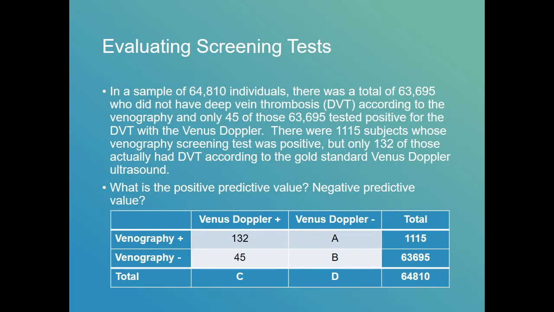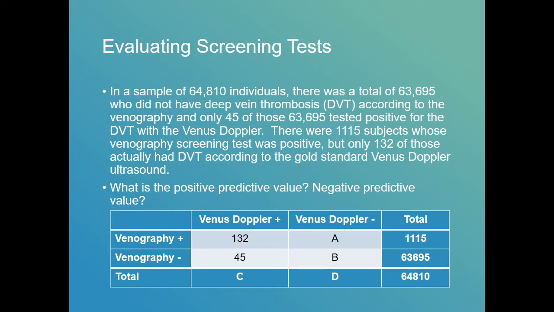Here's an example of a deep vein thrombosis. One method, the gold standard, is the venous Doppler ultrasound, and the new test that we're comparing that gold standard to is a venography. So here we have a sample of 64,810 individuals.